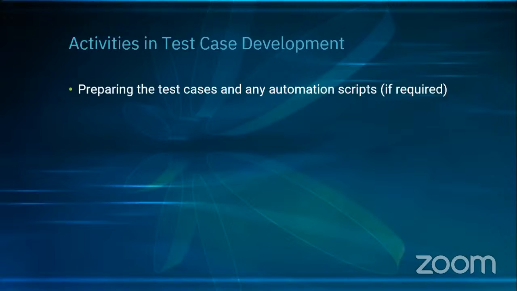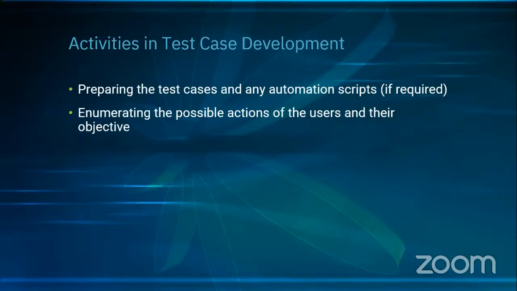You don't need anything else for you to be able to type in it when you want to do your manual script. Then the next thing is looking at all the actions, enumerating the possible actions of the users and their objectives. That's more of stating all the steps, the conditions, what your expectations are. That's what you want to pour out into the script.